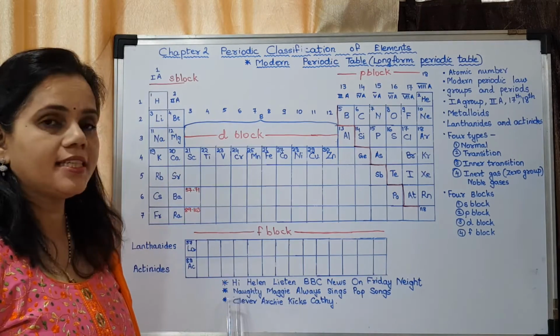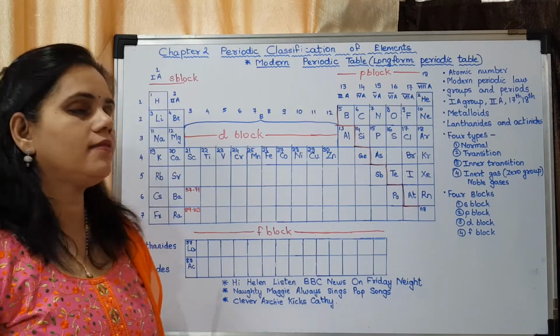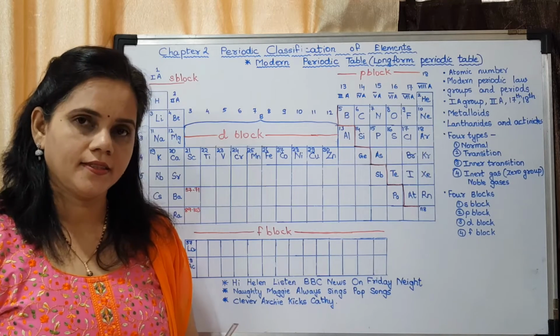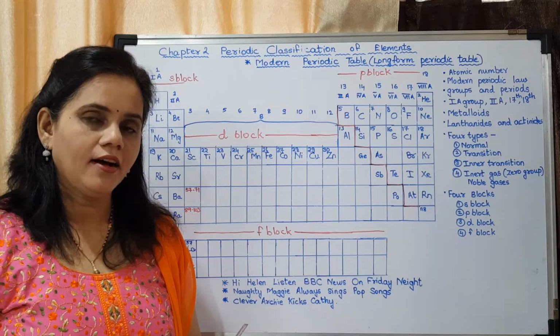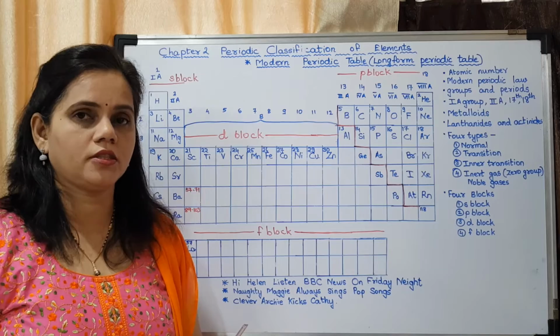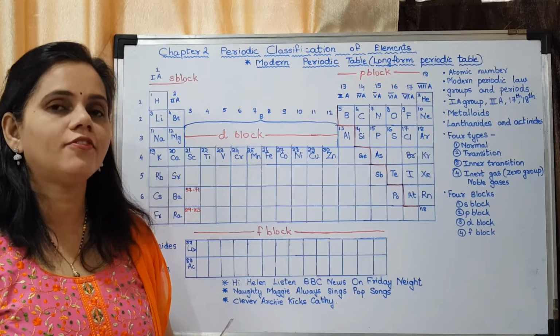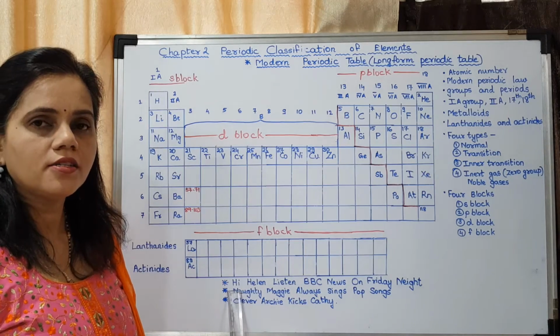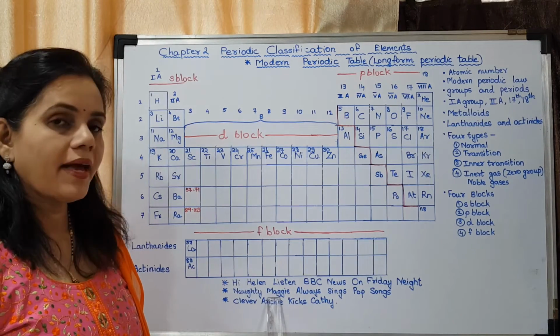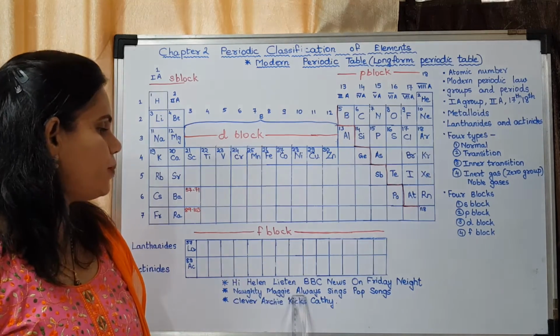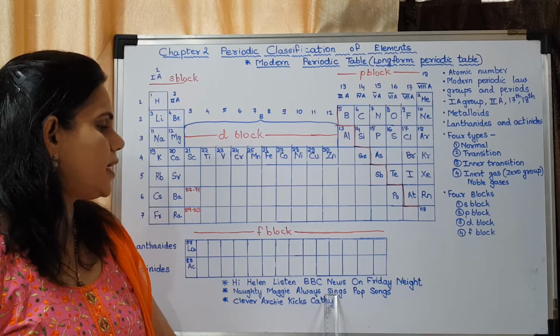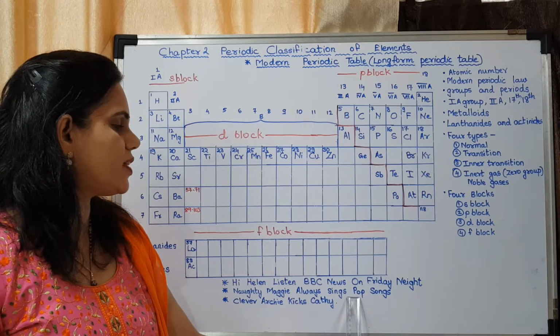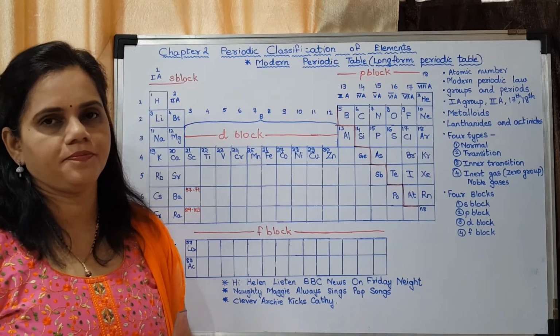Now the next is: Naughty Maggie always sings pop songs. Now we will see what the elements are. Na stands for sodium, magnesium, aluminium, silicon, phosphorus, and sulfur.